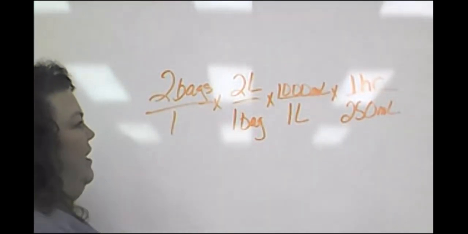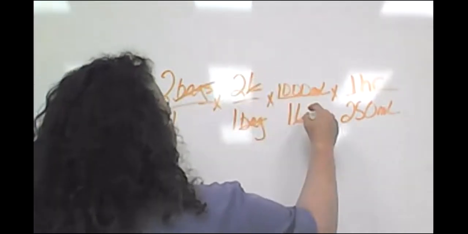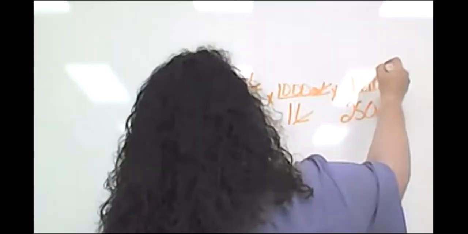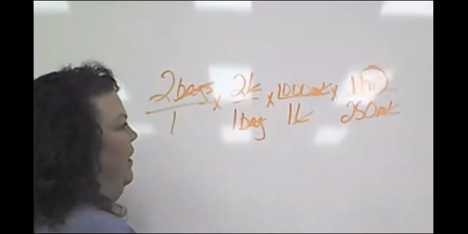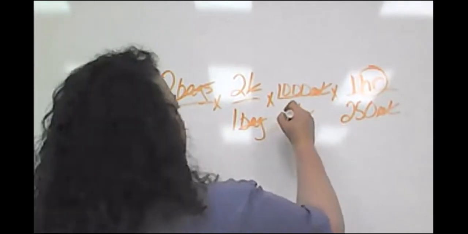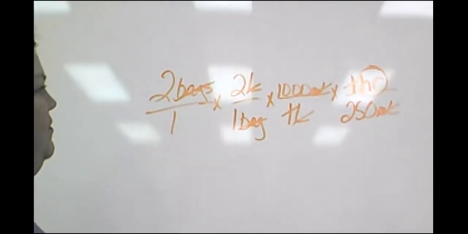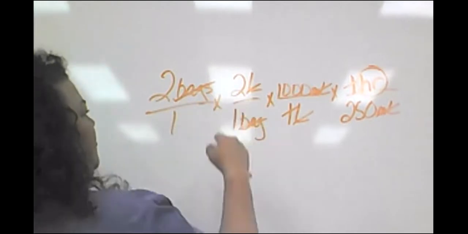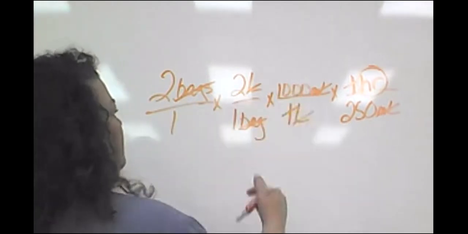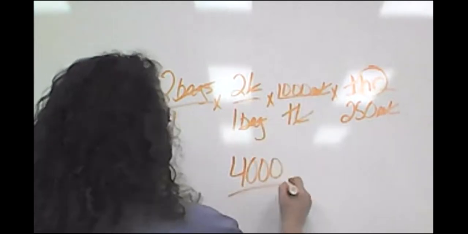So let's cancel our like units. We'll lose bags. We can lose liters. We can lose milliliters. It leaves me with where I'm going, hours. I can also go ahead and lose this 1 and that 1. And that looks to be it on this one. So for the numerator, I'm left with 2 times 2, which is 4. 4 times 1,000 is 4,000.